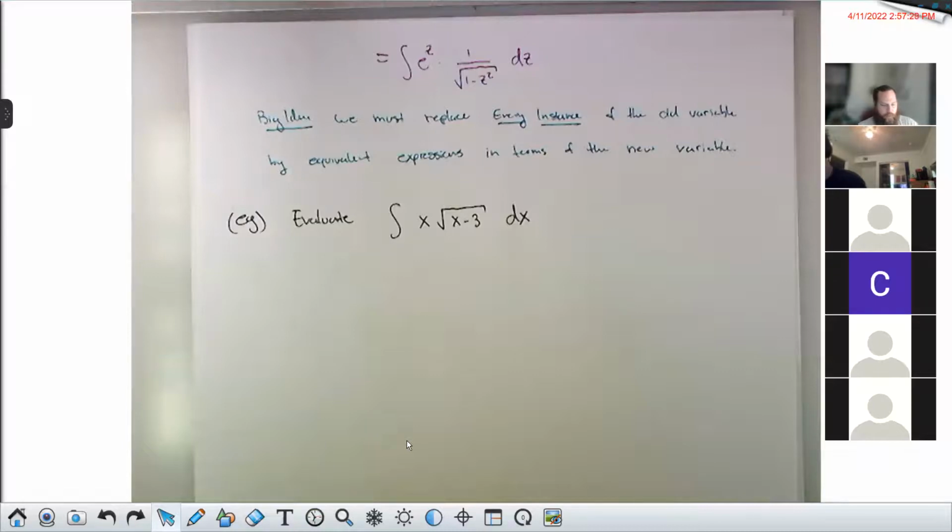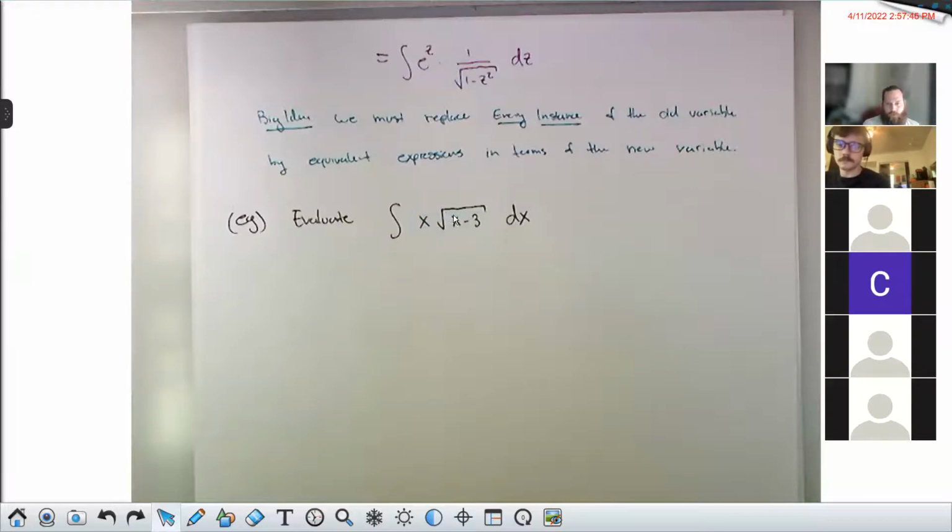I saw Evan unmute for a second. Any ideas? Guesses are fine. I was going to say x minus 3. Beautiful, perfect. That's my inner function here. This square root looks very much like an outer, so this x minus 3 looks an awful lot like an inner. The challenge is, what am I going to do with this?